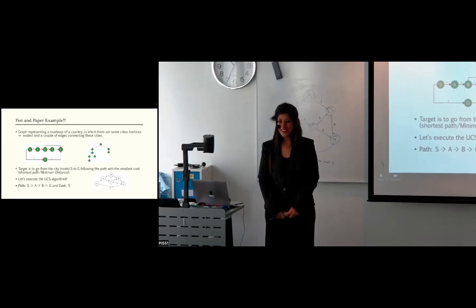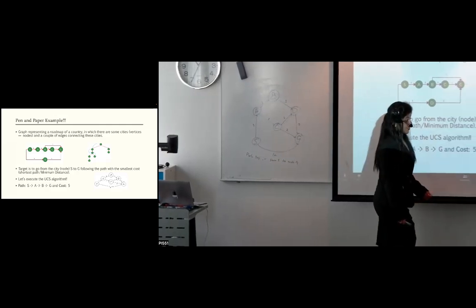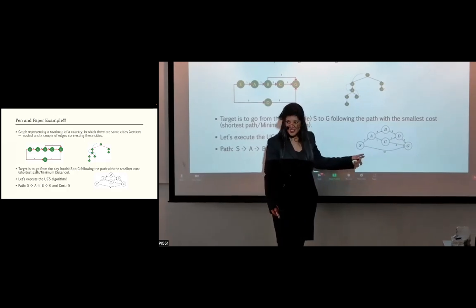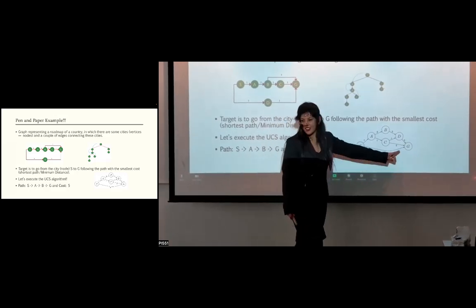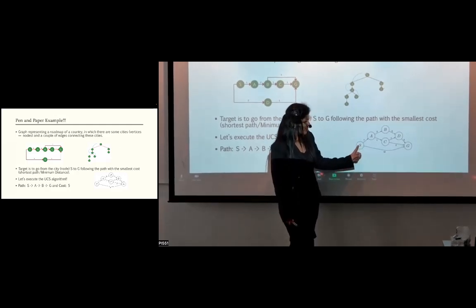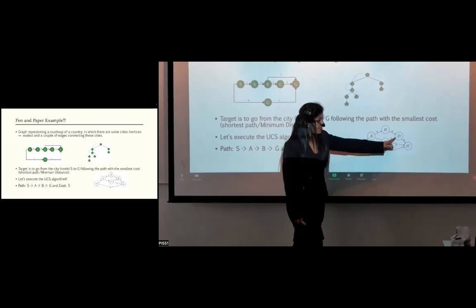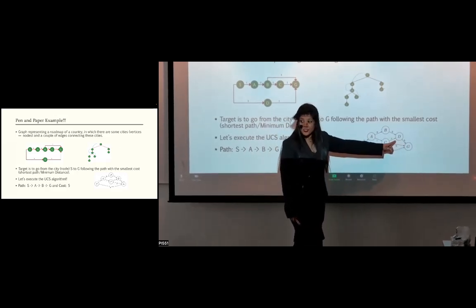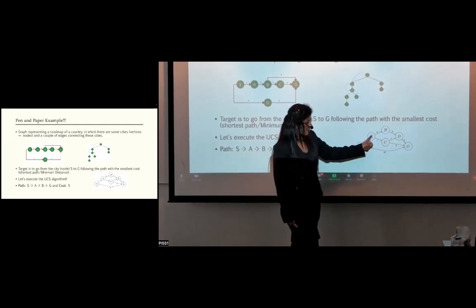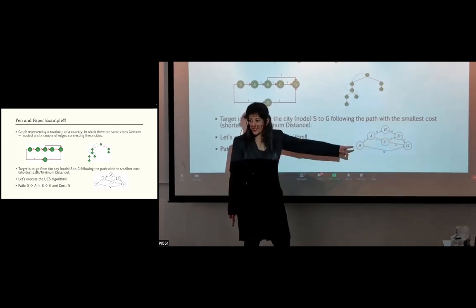Perfect. So there are some possible ways to go. S to G directly, its cost is 12, and you come up with a different way, S A C D G, which costs us 6, and another way is S A C G, which costs us 4.